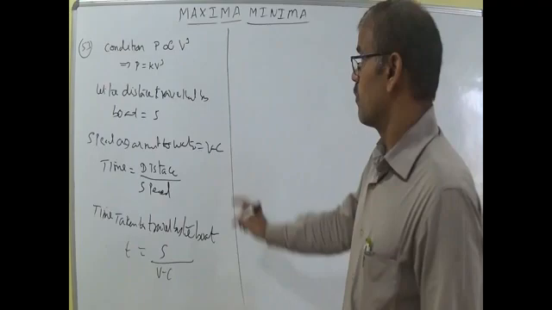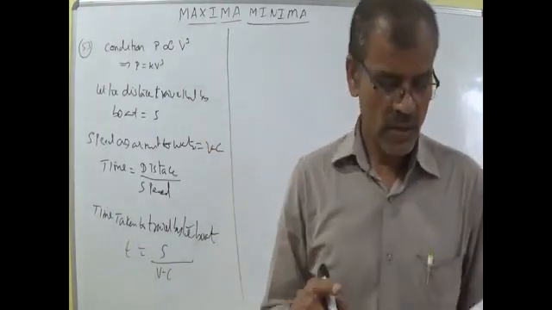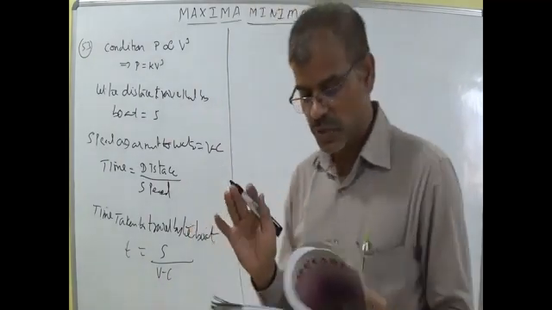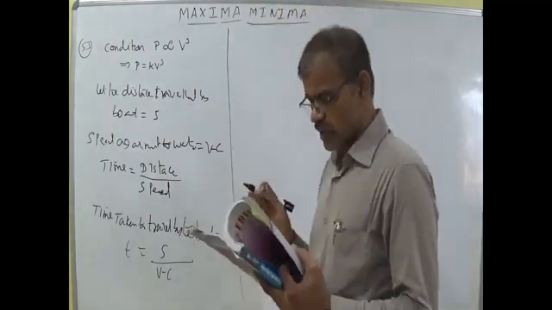Now he is asking the question: going against a current of C, find the most economical velocity.